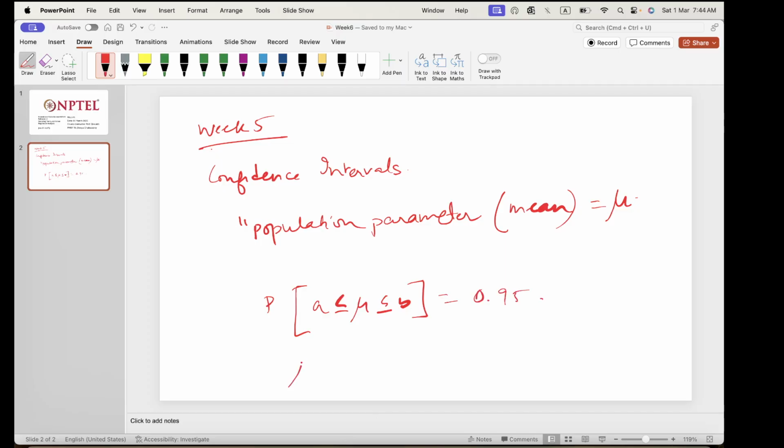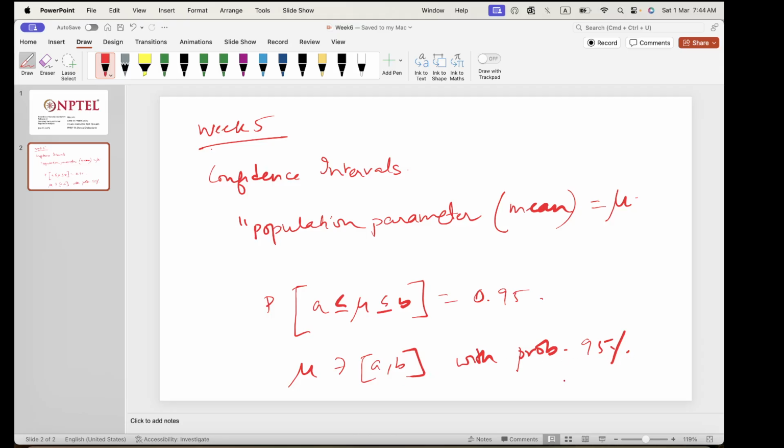Then I would say mu is contained in this interval with probability 95%, and these would be the upper and lower bounds of a confidence interval.